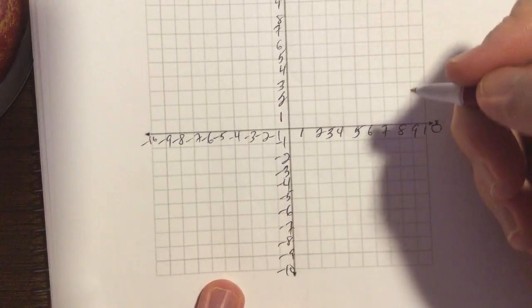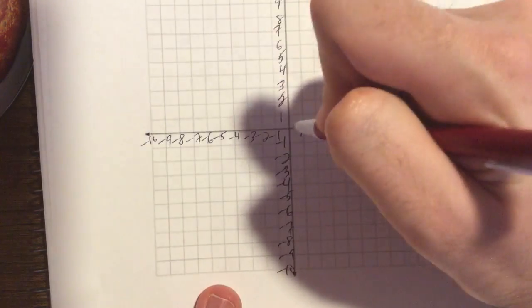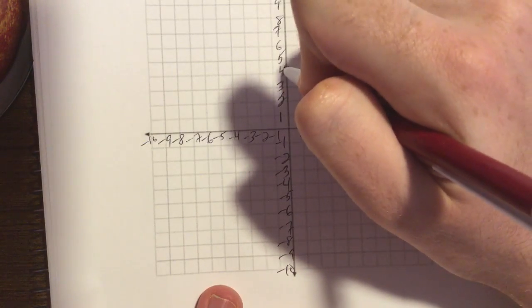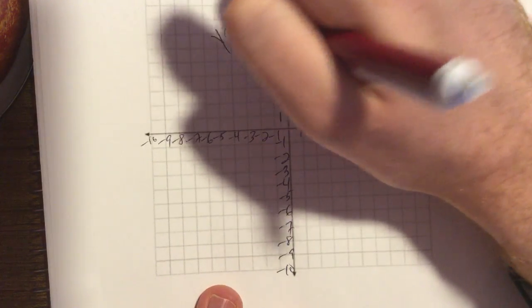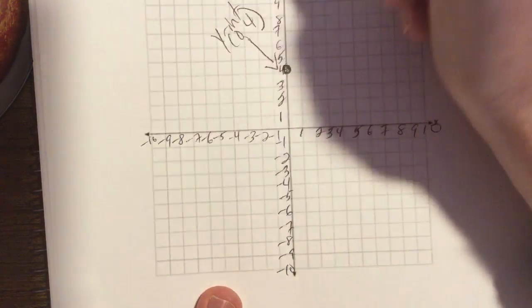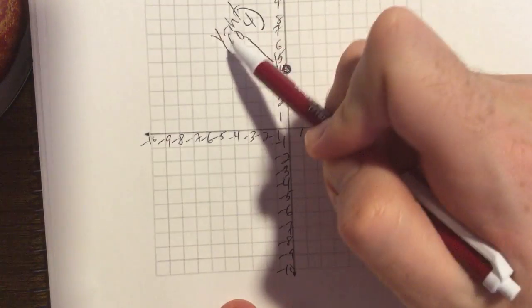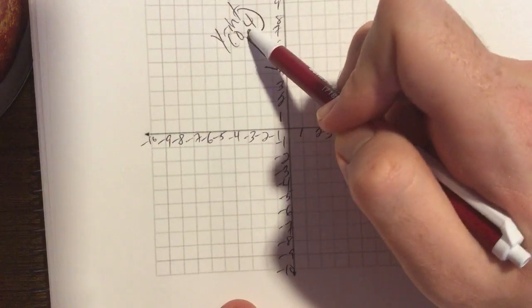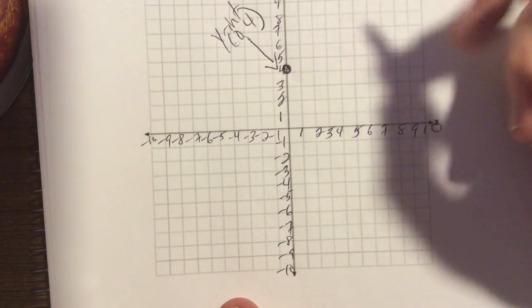Negative 1 comma 14, again, not going to be easy to graph, so we're going to move on to 0 comma 4. And we're going to label that as our y-intercept. Remember, we have to label. The y-intercept is always when x is 0. So when x is 0, y is 4. That whole point is the y-intercept.